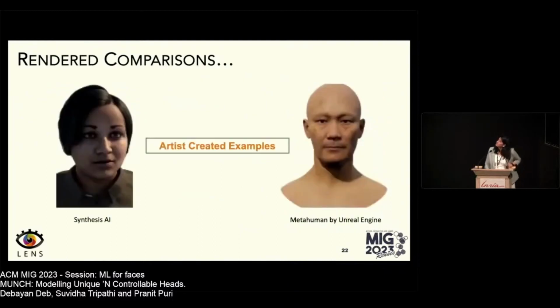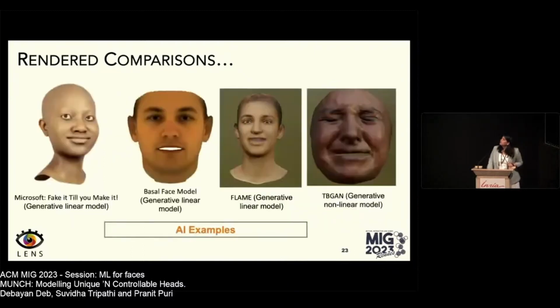So these are the rendered comparisons. Synthesis AI and MetaHuman by Unreal Engine are manually created artistic examples. They don't use AI. Then these are the AI-based models like TB-GAN, Flame, and Microsoft's Fake It Till You Make It.